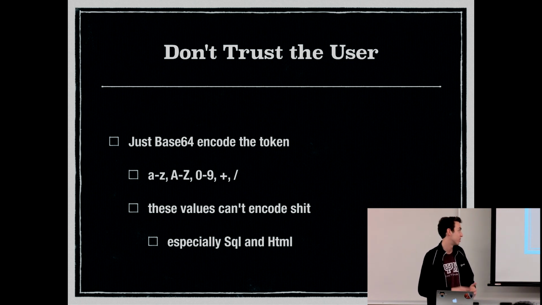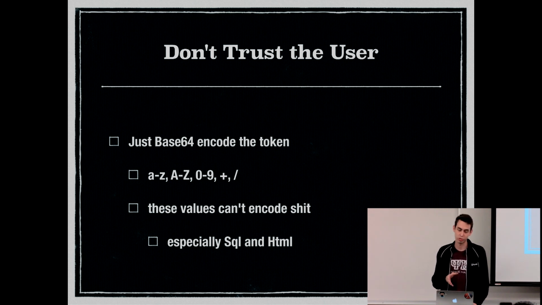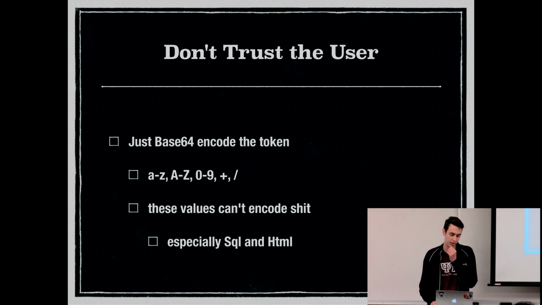That's not valid JavaScript, it's not valid SQL. So if you constrain your tokens to look like this, then you'll be safe. And it's also really easy to validate. You just make sure that it only contains those characters. Oh, it also can't contain HTML, which is another really common encoding error.